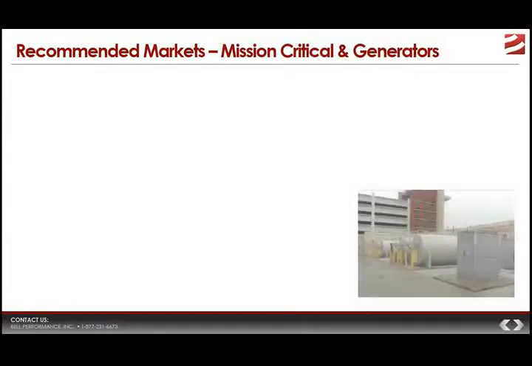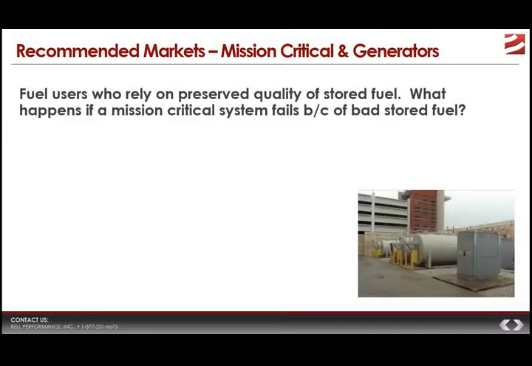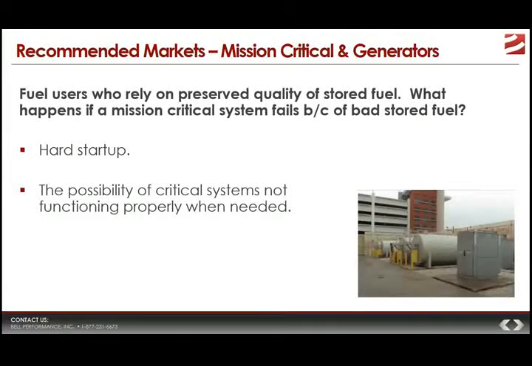Mission-critical installations and generators have a tremendous need for fuel stabilizers because they're mission-critical by nature. It's critical that their stored fuel does what it's supposed to. If it doesn't, their systems are going to be difficult to start, and there's a possibility that a critical system may not even function properly when it's needed, and that would be an absolute disaster.